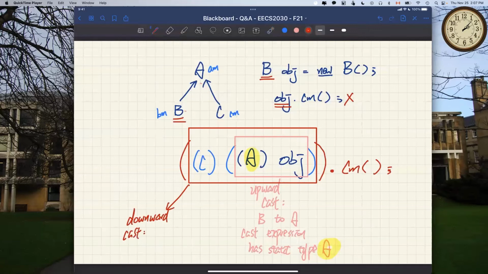And we're doing it from A down to C. And then the cast expression's static type is matching the cast type, which is C. And now you know that the static type is actually C for this expression here. Is cm defined in C? It is. So that's why it will compile.